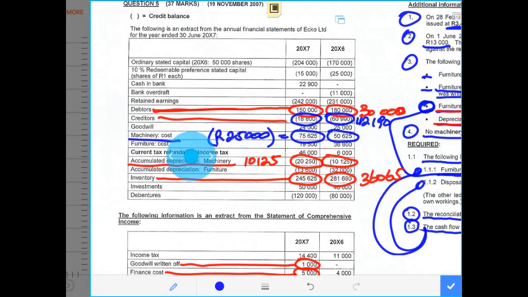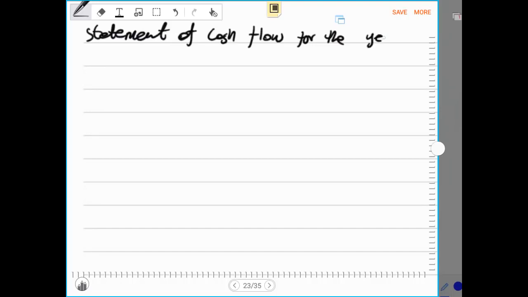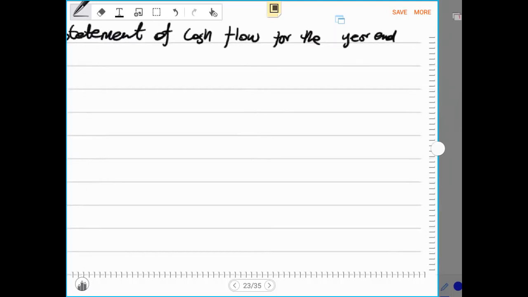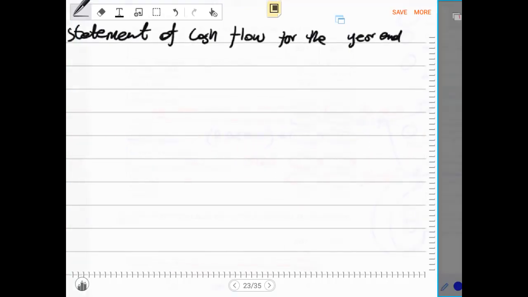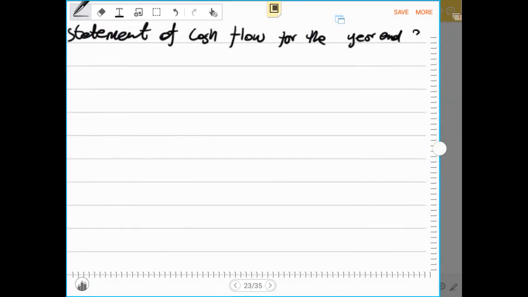Then we do the statement of cash flow for the year end, which is the year 2007. The year end is 30 June 2007.